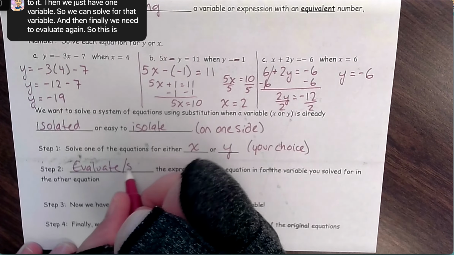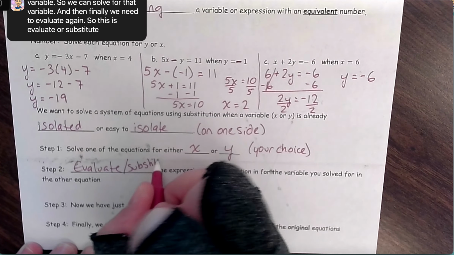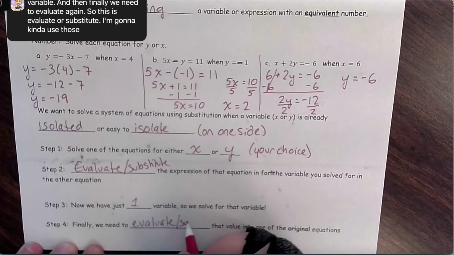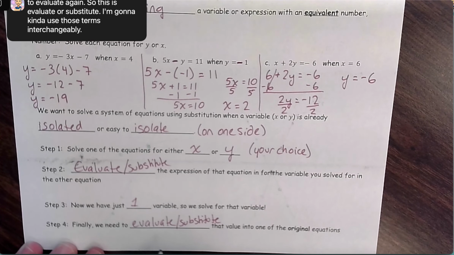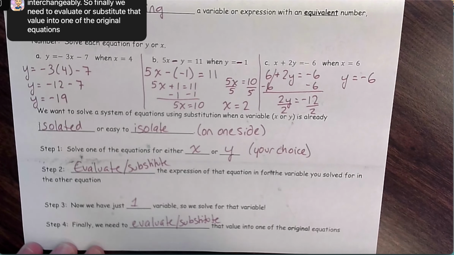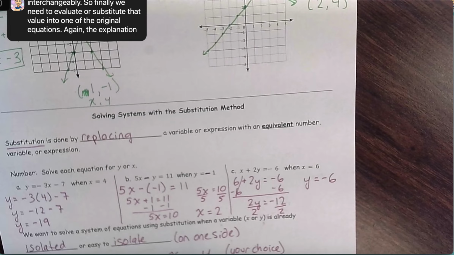So this is evaluate or substitute. I'm going to kind of use those terms interchangeably. So finally we need to evaluate or substitute that value into one of the original equations. Again, the explanation is a little bit wordy, but hopefully actually going and doing the math will make a little bit more sense.